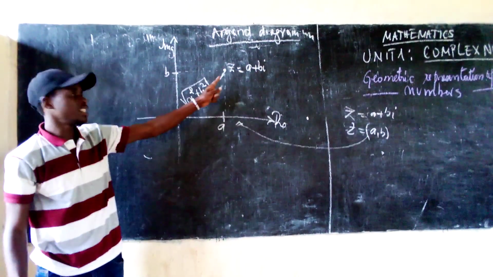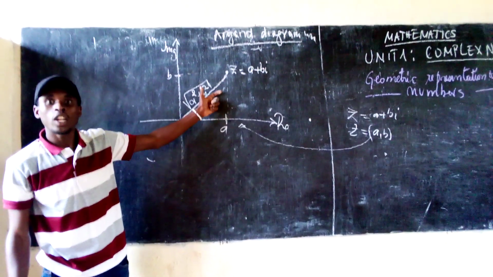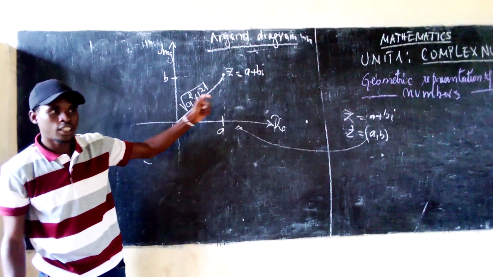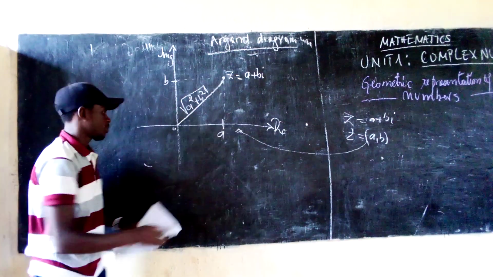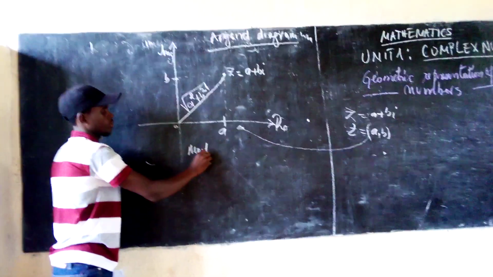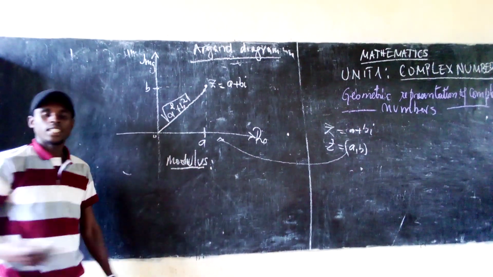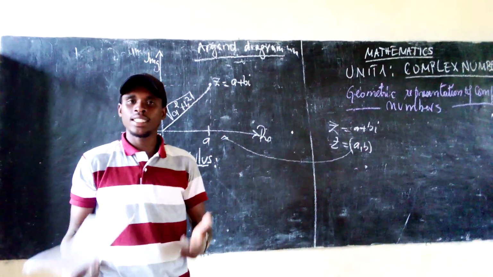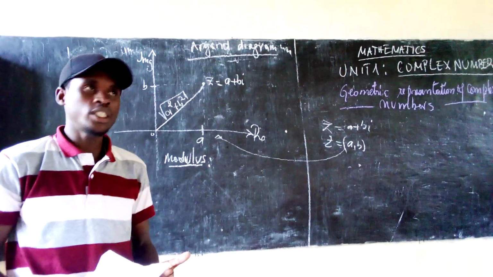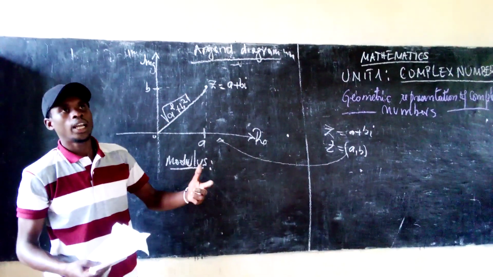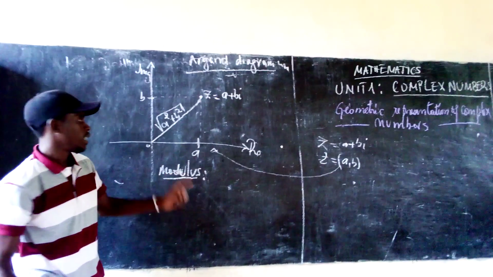And this distance will be called the modulus. What is the modulus? The modulus is the distance from the origin to the point corresponding to a complex number.